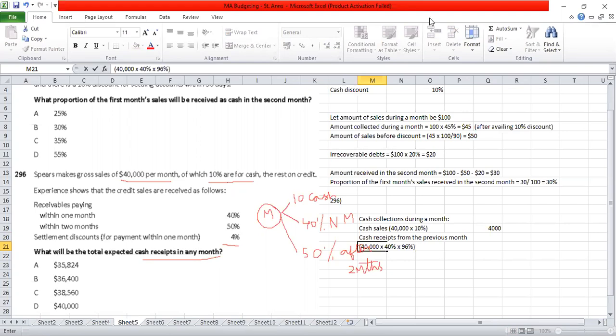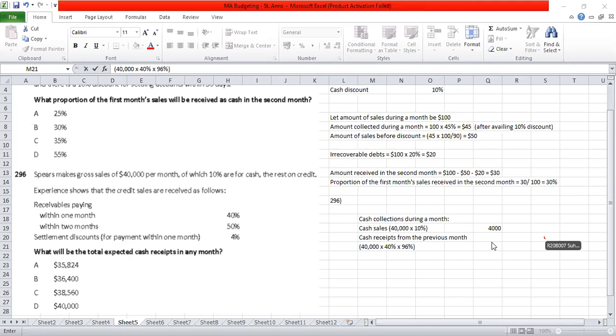I'm erasing the one which I wrote with the marker. Okay, so 40,000 is any month sales. 40,000 into the collection part of it is 40% of the previous month, and then they would not pay 100% of the amount, they will pay with the discount.